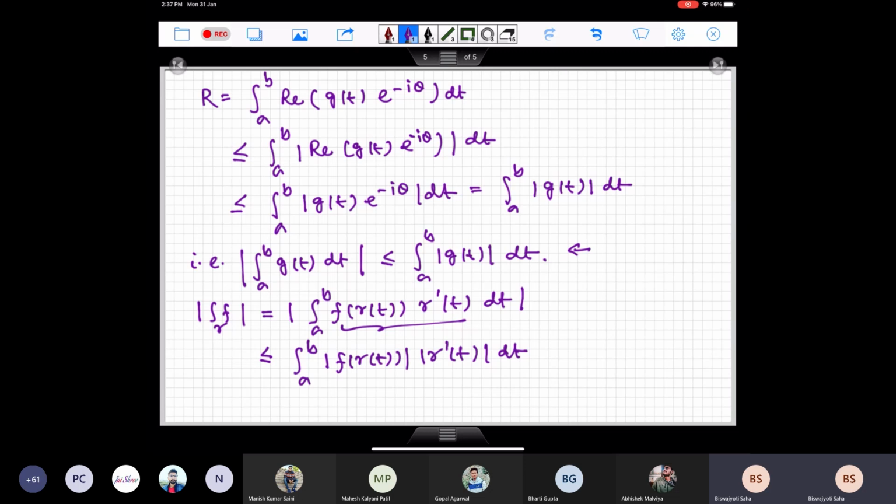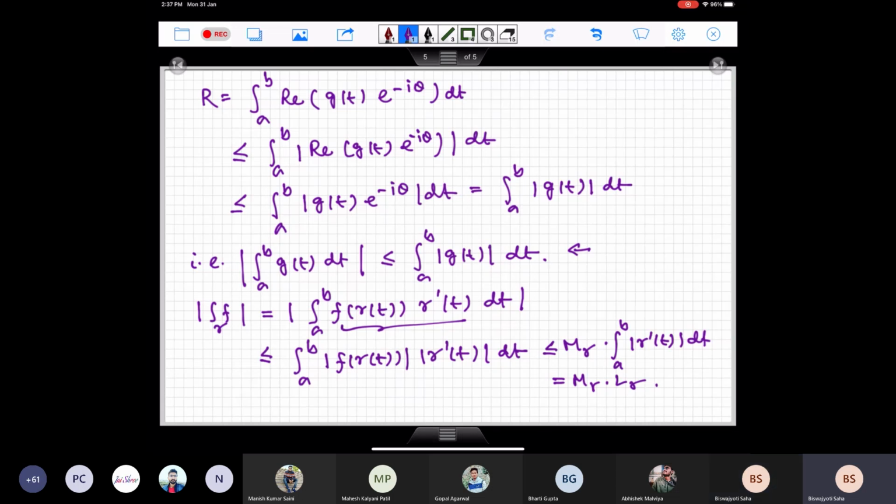Once I have that, you know that M_γ was the supremum of all of them, so this is less than or equal to M_γ times the integral from a to b of mod γ'(t) dt, which is nothing but M_γ times L_γ. So this is what we have: we get the ML inequality.